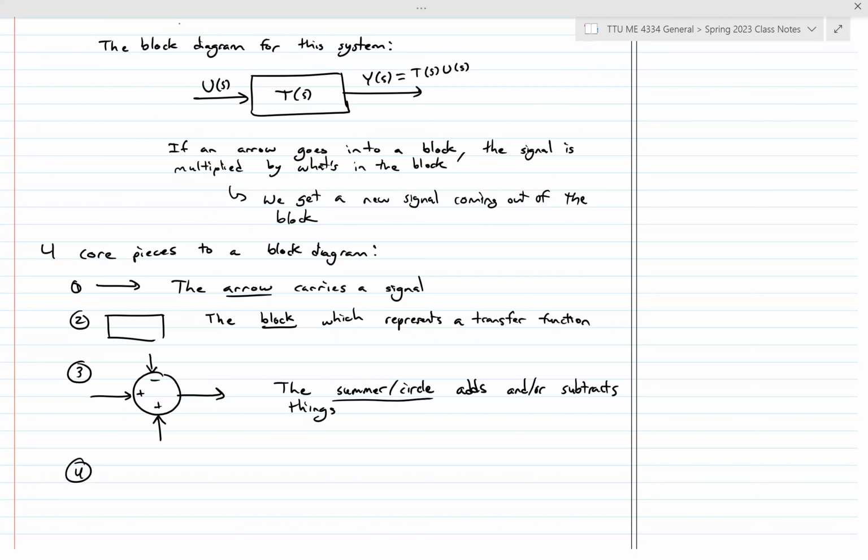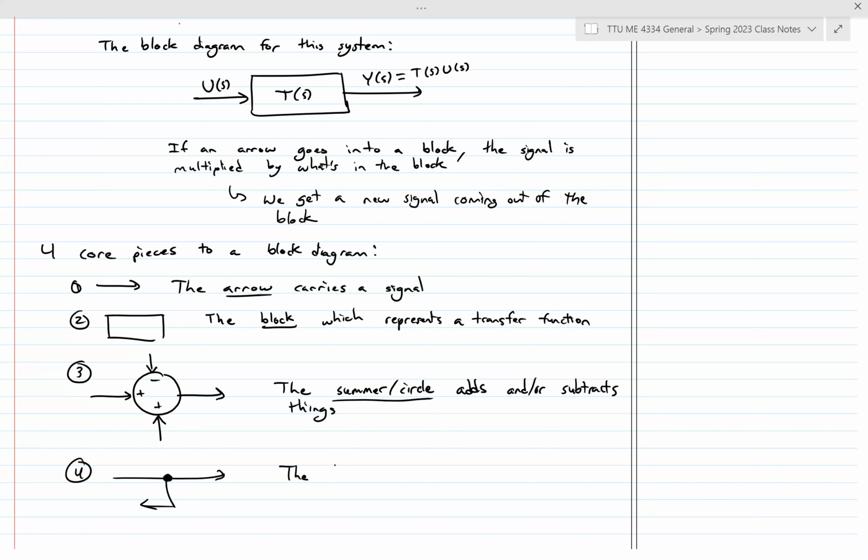What about the last piece? Probably the one that comes off as maybe the most confusing at times for people. Anybody remember? Feedback loop. A takeoff point is usually what it's called itself. The feedback loop is when you use a takeoff point to connect something in behind it, right?